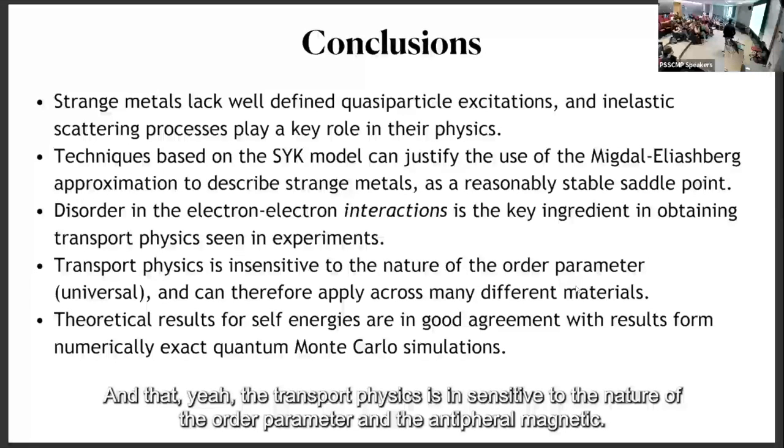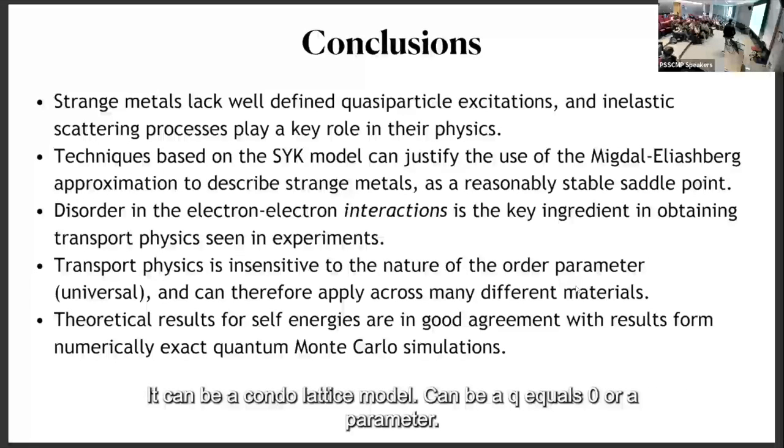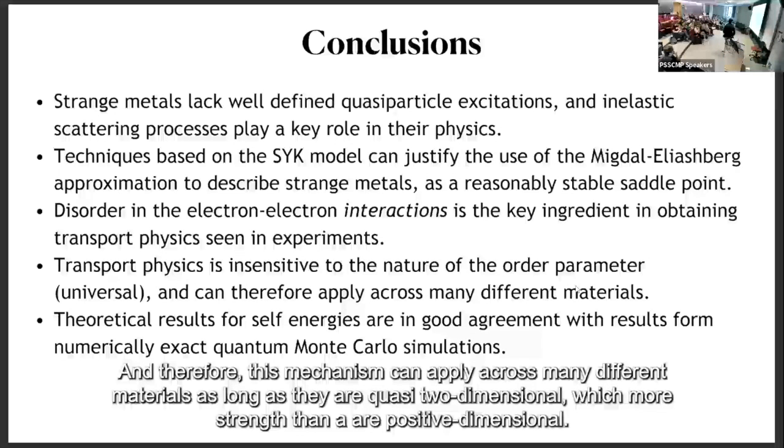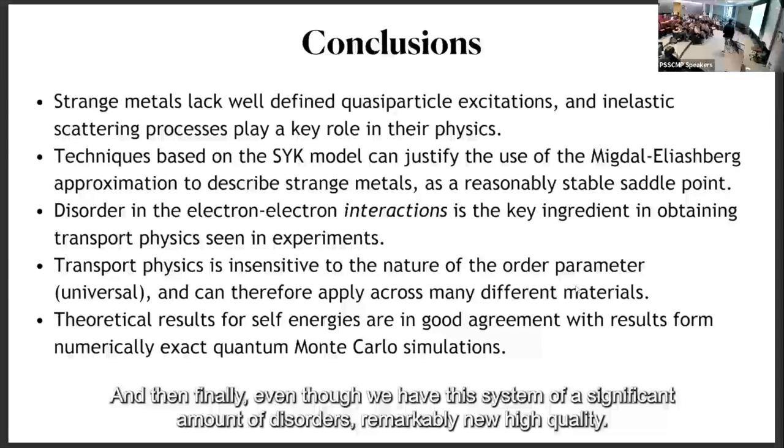It can be antiferromagnetic, it can be a Kondo lattice model, it can be a Q equals 0 order parameter, and therefore this mechanism can apply across many different materials as long as they're quasi two-dimensional, which most strange metals are quasi two-dimensional.